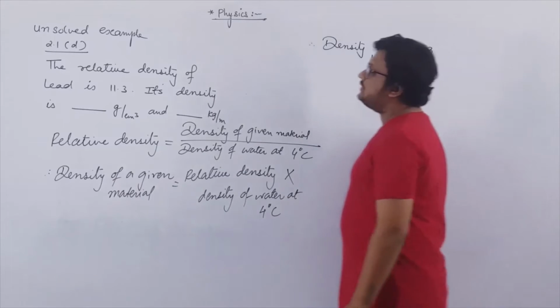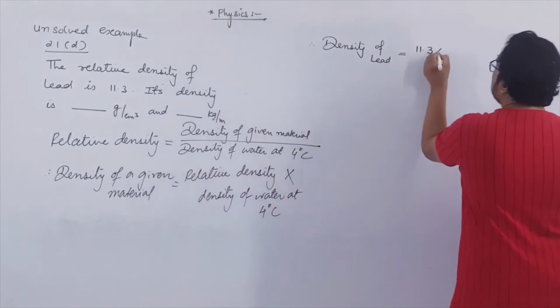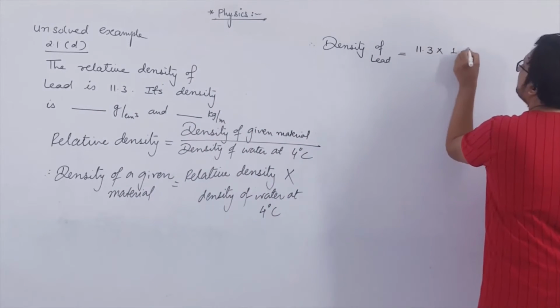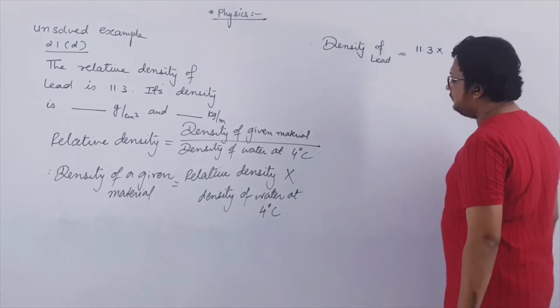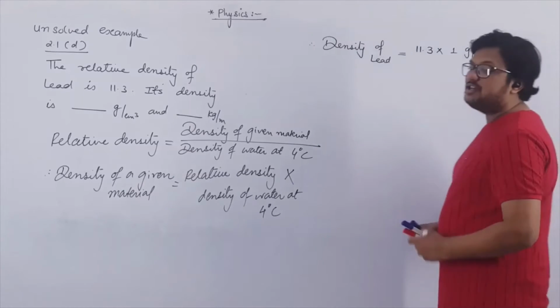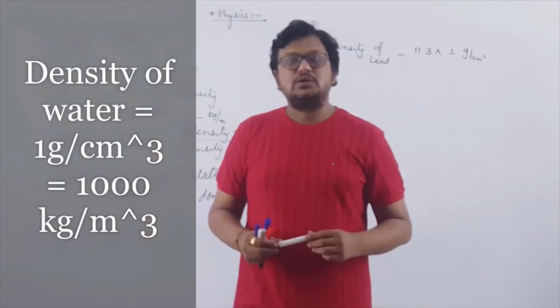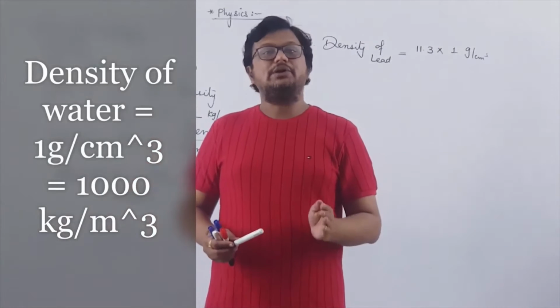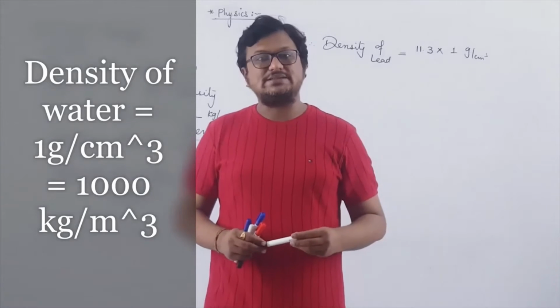into the density of water, which is 1 gram per centimeter cube. Remember the standard value: the density of water is 1 gram per centimeter cube, and that is why we have taken it as a standard for measuring density.